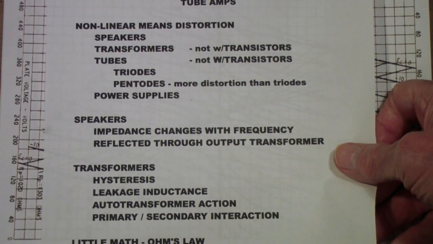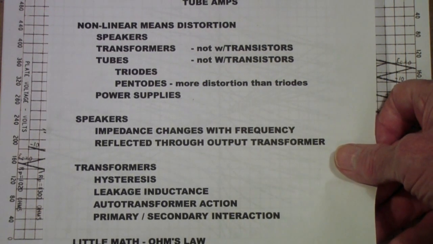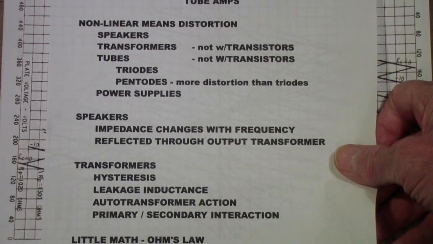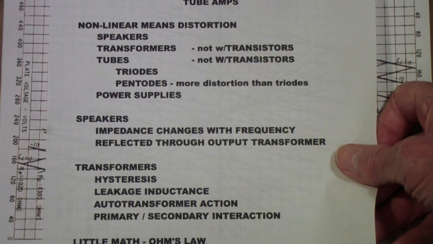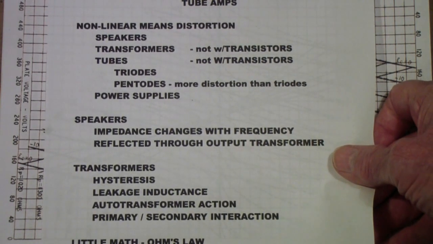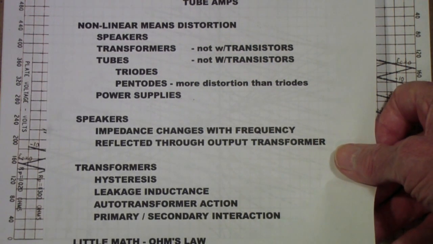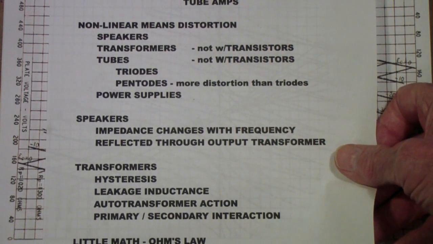We have not really looked at tubes that much, although we did do a series using the 570 on various triodes and pentodes and beam power tubes. And finally, we didn't do at all anything about power supplies, but power supplies also affect the nonlinearities in amplifiers.